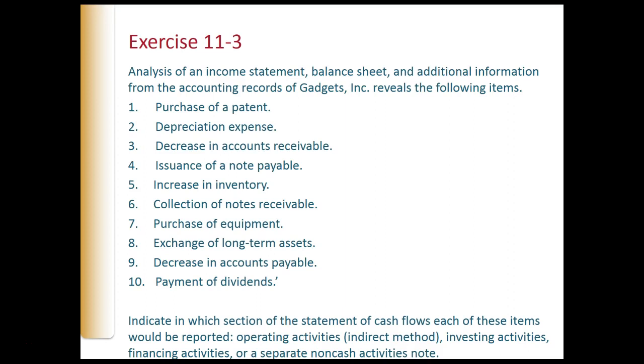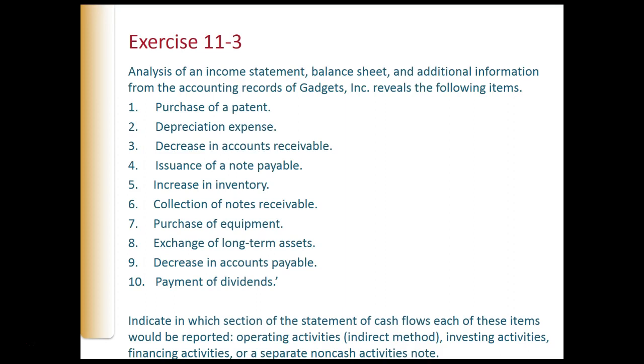Now, our job is to indicate in which section of the statement of cash flows each of these items would be reported. Are they going to be in the operating activities, in the investing or financing activities, or a separate non-cash activities note?